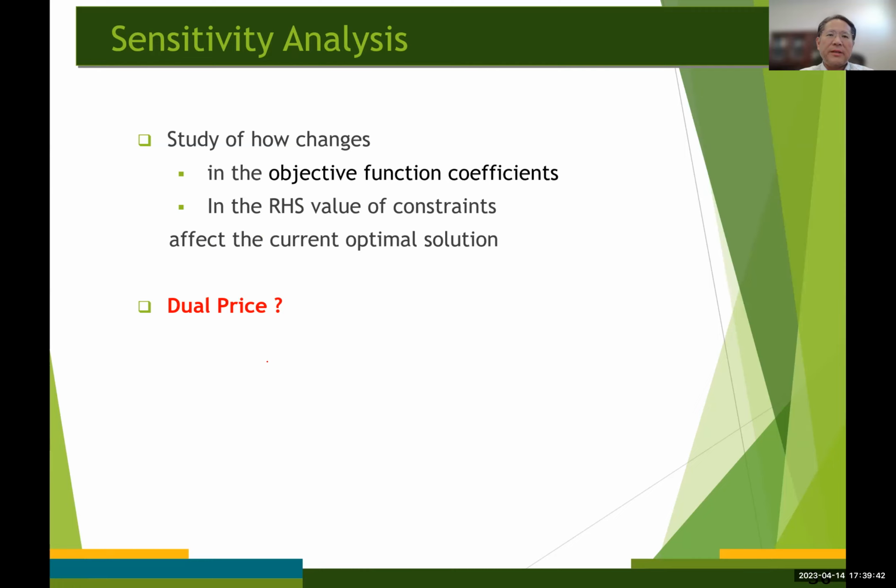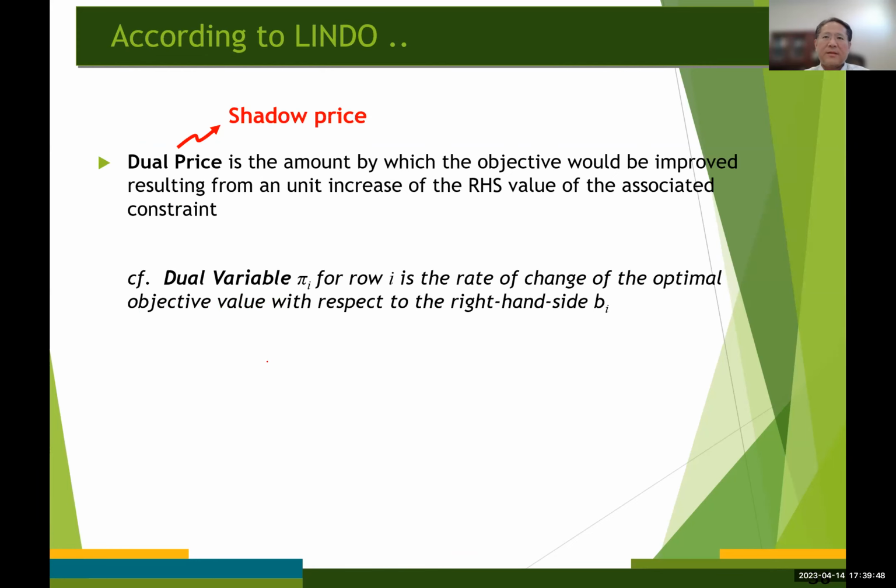Okay, now let's talk about dual price. What is dual price? First of all, I want you to recall your memory. A couple of weeks ago, you learned how to interpret the dual variable economically, right?